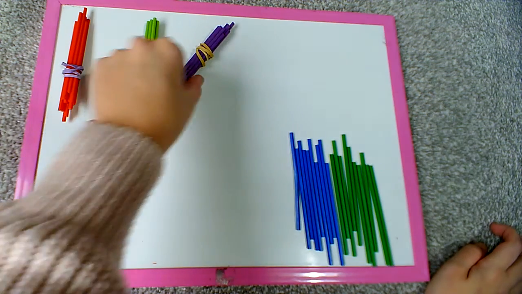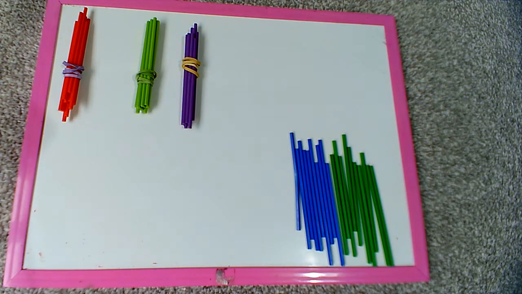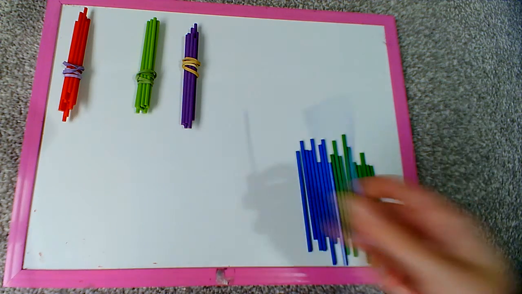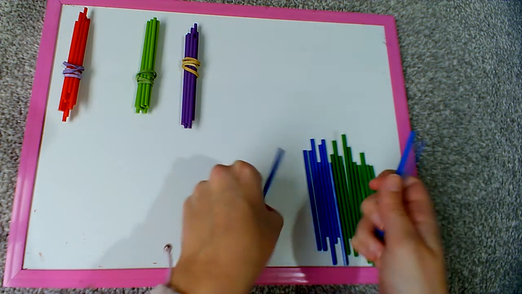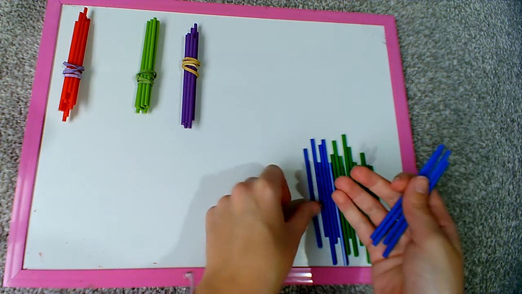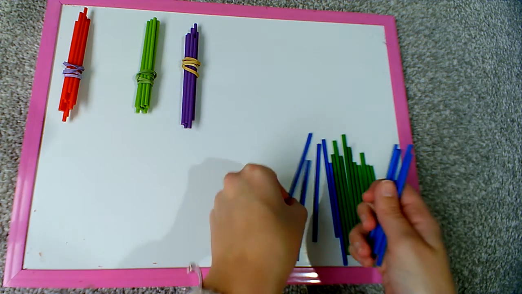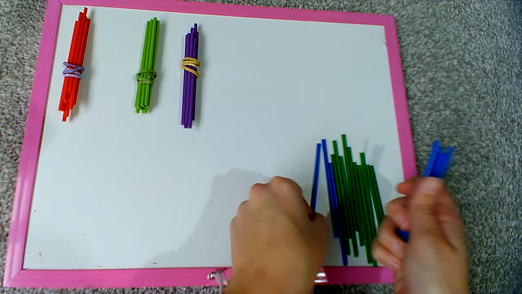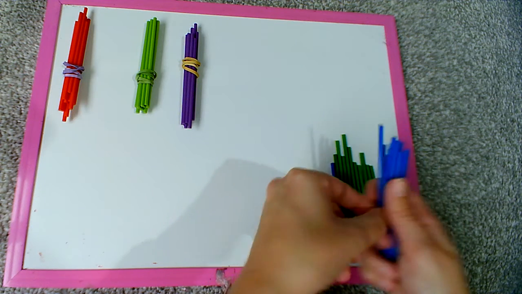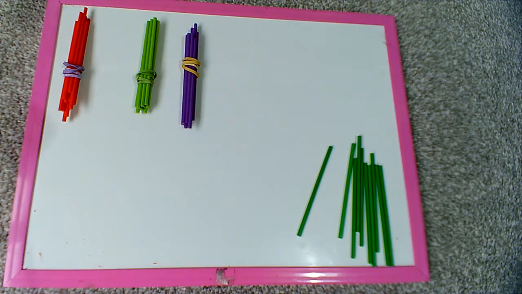So I have 1, 2, 3 bundles of 10 so far. 1, 2, 3, 4, 5, 6, 7, 8, 9, 10. I have my next bundle of 10.